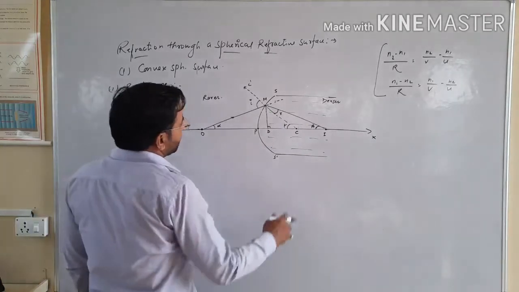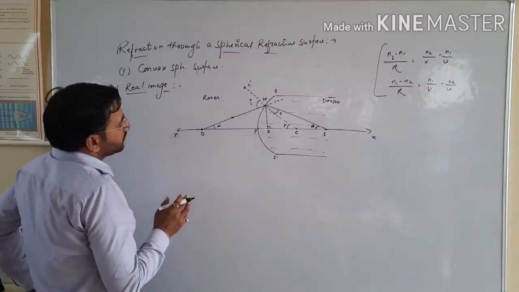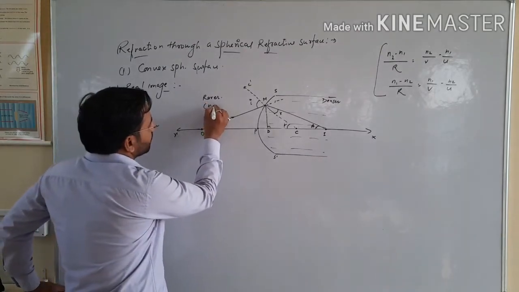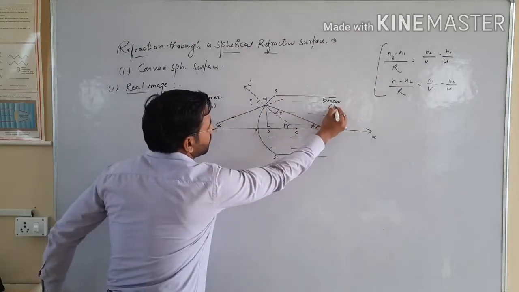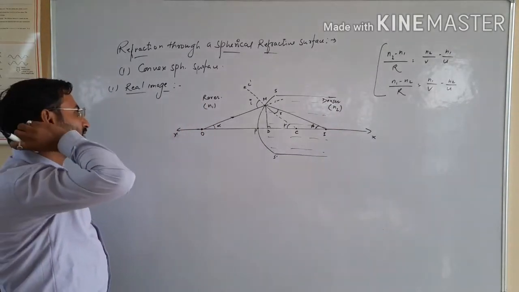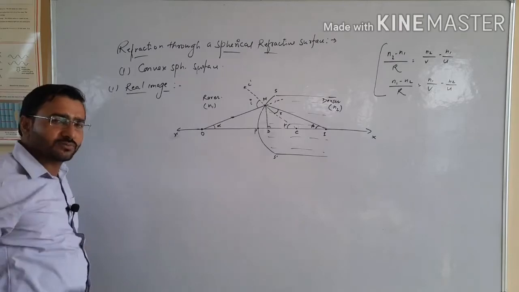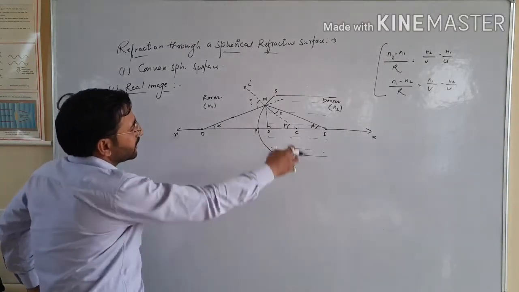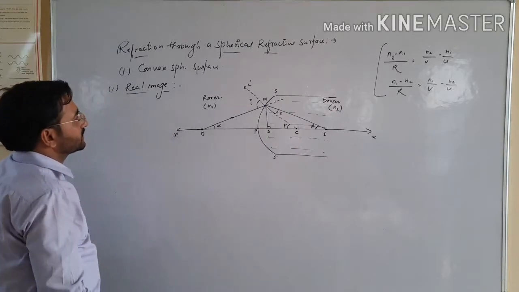Now see how we will use Snell's law here. N1 is the refractive index of medium 1, and N2 is the refractive index of medium 2, which is denser.